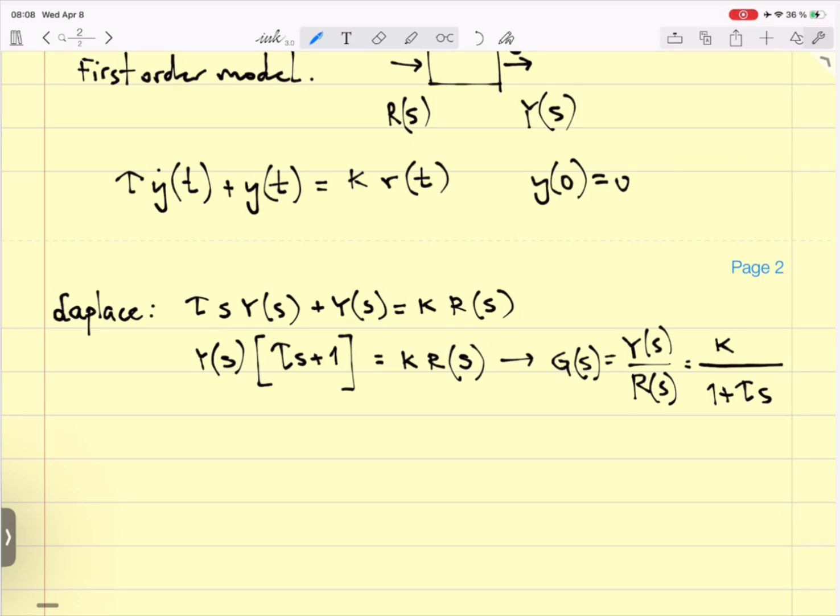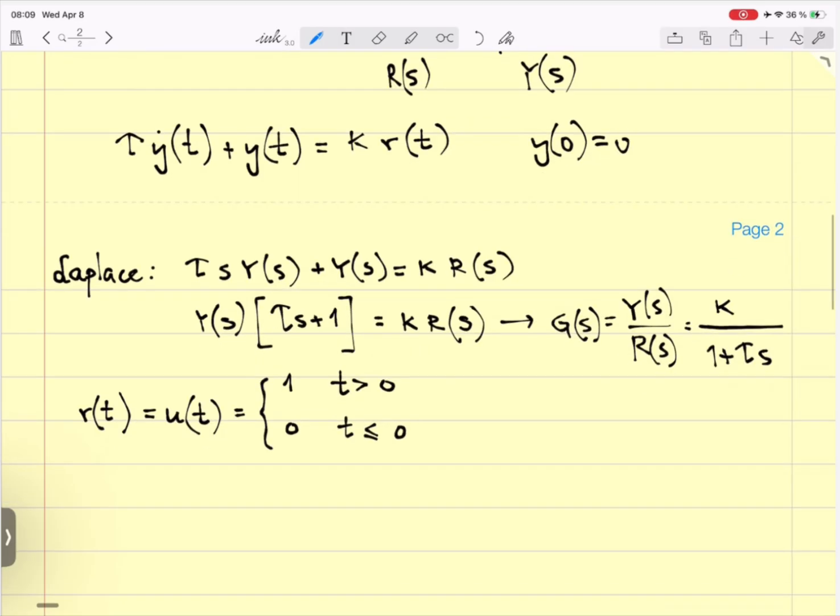because we're going to use this to solve the following problem. Now imagine our input function r of t equals the step function, so equals 1 for t bigger than 0 and 0 for t smaller or equal to 0.